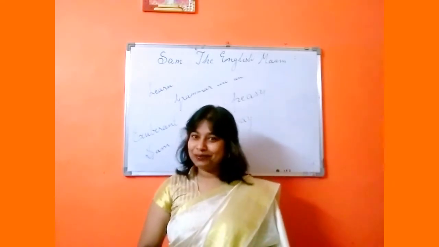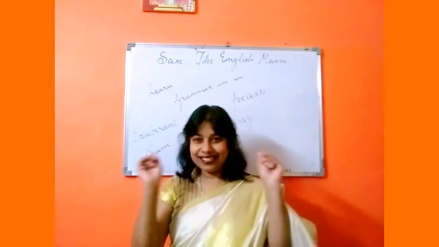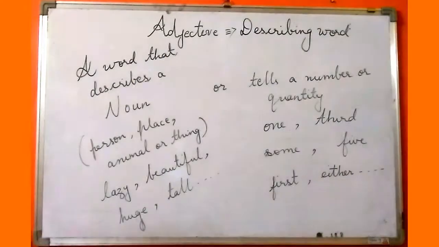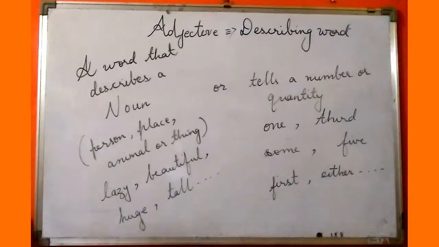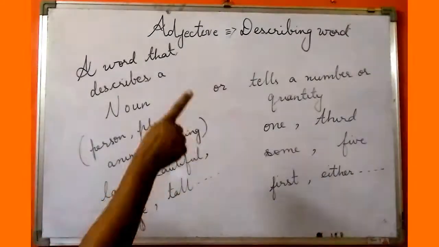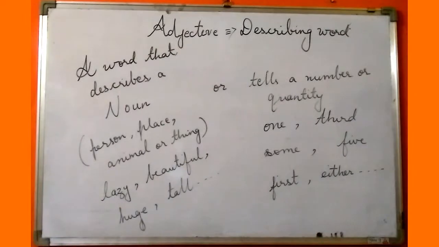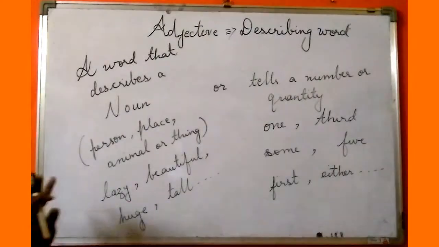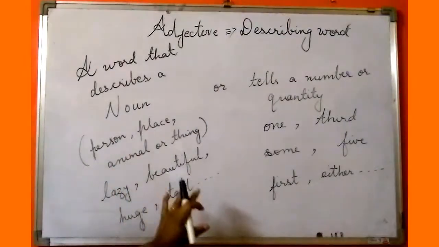So let's move on to adjectives. An adjective is also called a describing word. It is a word that describes a noun. And when I say a noun, I mean a person, place, animal or thing. Or if it tells a number or quantity, then it is also called an adjective. If I say words like lazy, beautiful, huge, tall, I am using words to describe a noun.